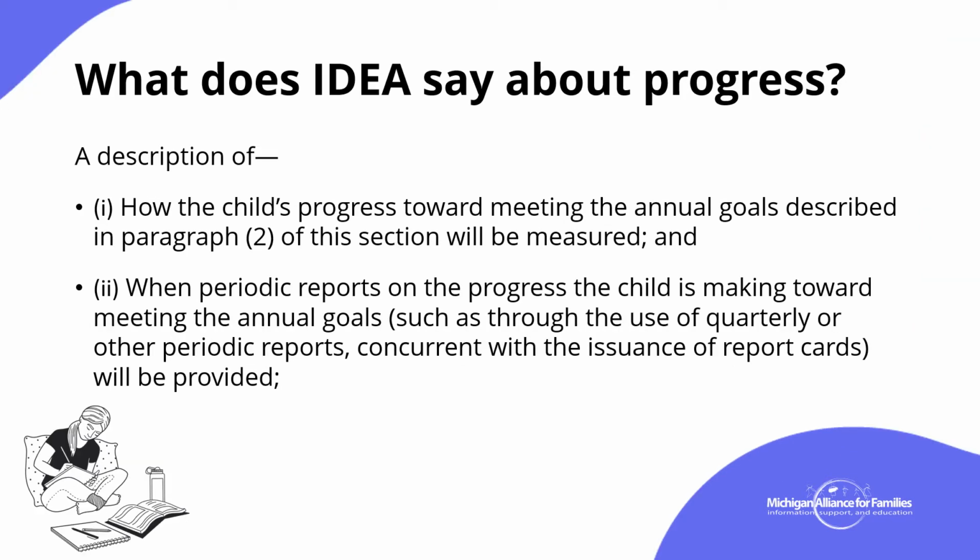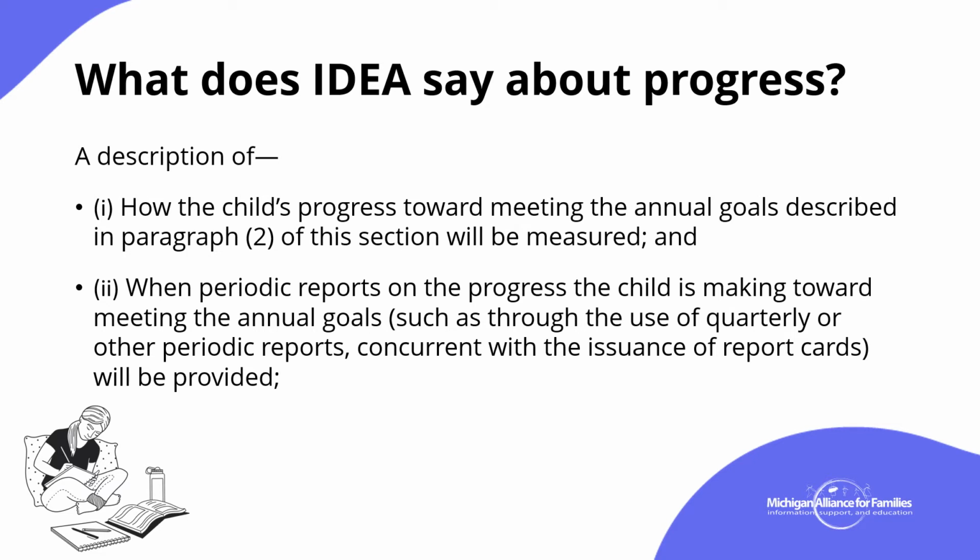This video is to help you learn more about goals and objectives and progress monitoring, and those are together because we can't really talk about one without the other. And IDEA reflects that same concept, that you can't have goals unless you are measuring the child's progress.